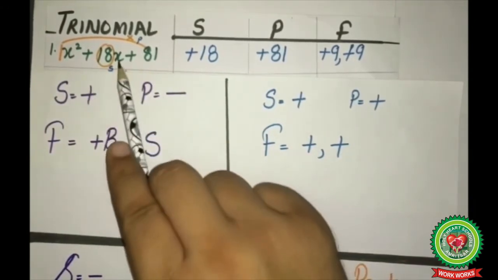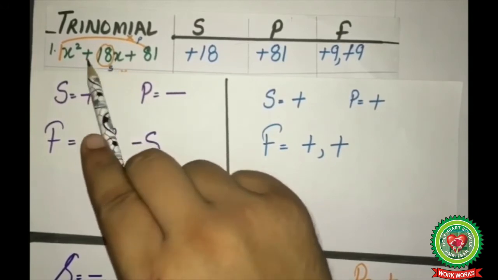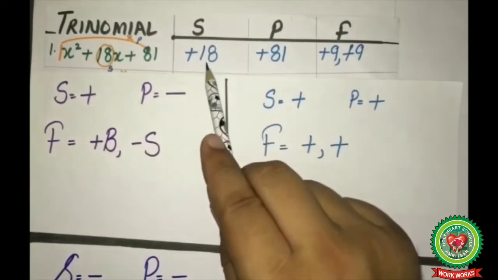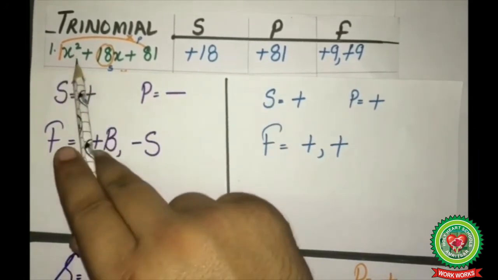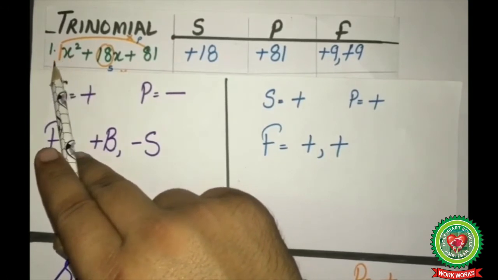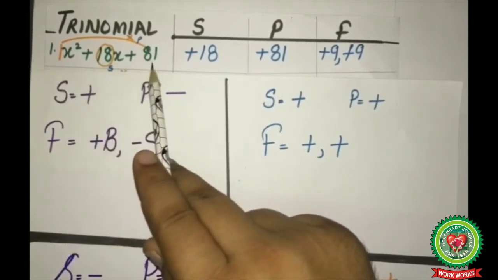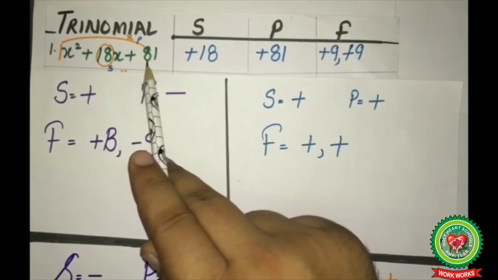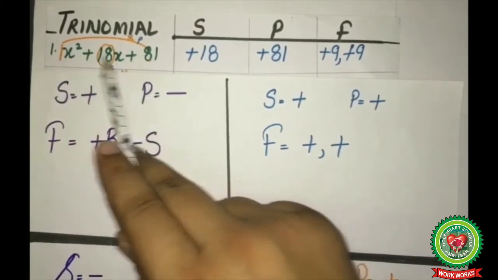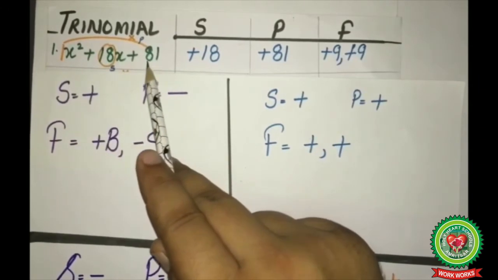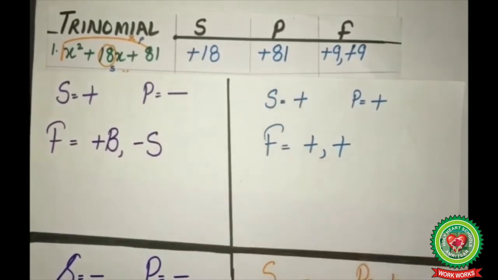So here the coefficient of x is plus 18, so the sum is plus 18. And the product will be the product of the coefficient of x square and the constant term, which comes out to be 81. So the product is plus 81.